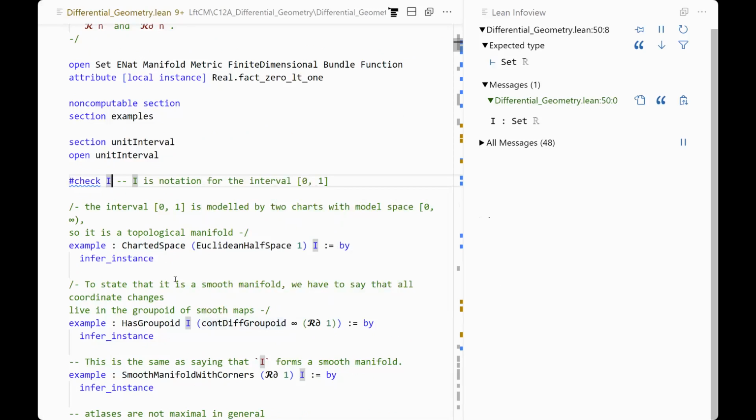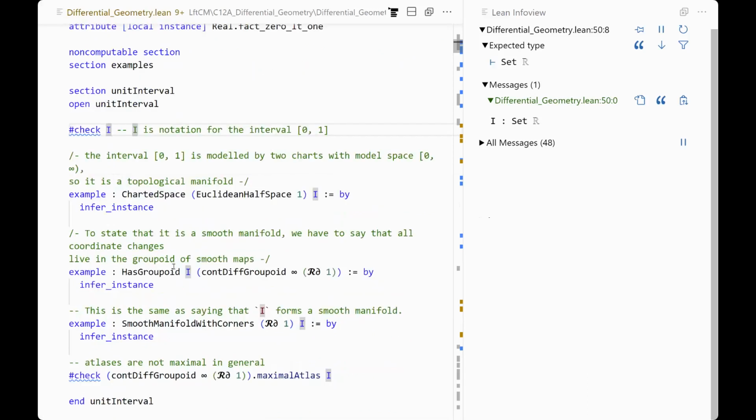And so this next example is saying, yes, I is indeed a smooth manifold with corners. And specifically for the case of smooth maps, we have an abbreviation for that, just saying that I is a smooth manifold with corners.